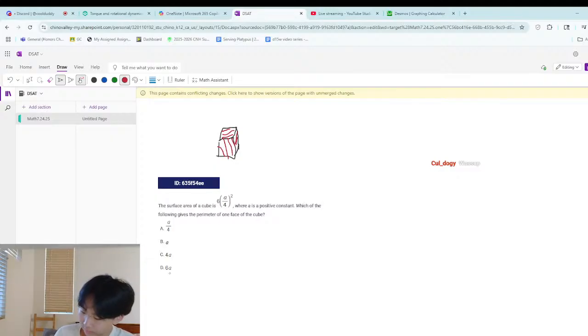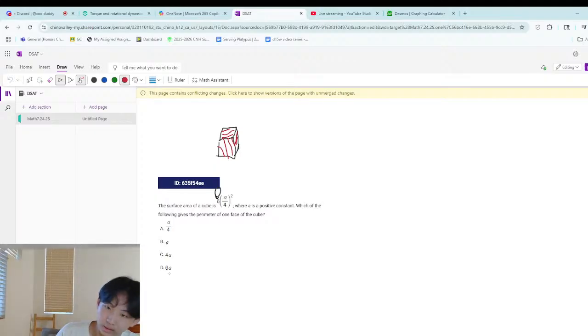So we have our cube here, and the reason why there's a 6 in front is because we're multiplying each side of the cube by 6, and there's 6 sides of the cube. So we know then that a over 4 squared represents one side of the cube.